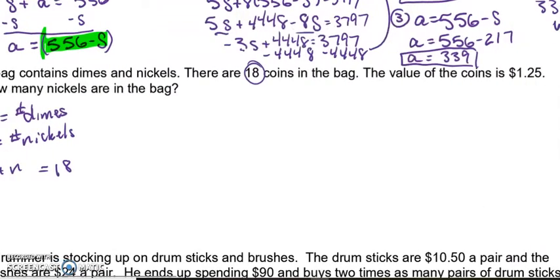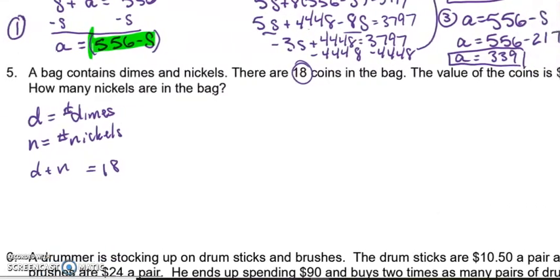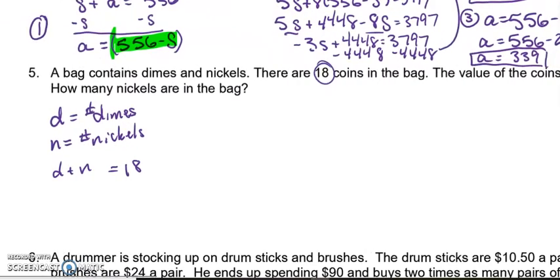The money total is $1.25. Money goes with money. So dimes are worth 10 cents. Nickels are worth 5 cents. And that equals $1.25. Notice that I put the dime in 0.1 form and the nickel value in 0.05 form because we're talking about dollars over here. So you follow the same steps on that.